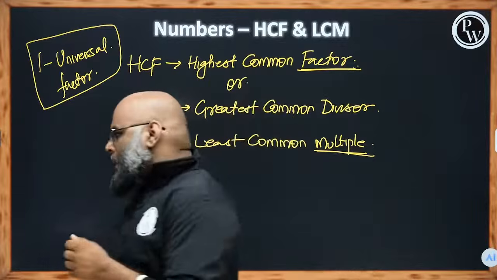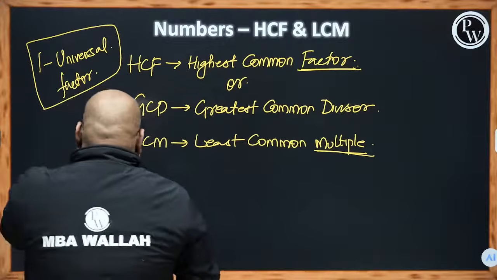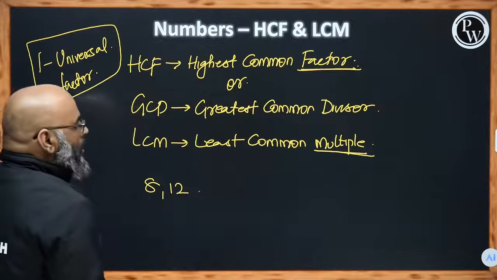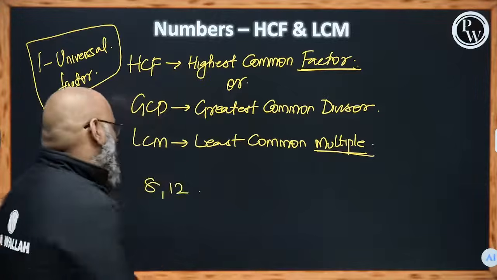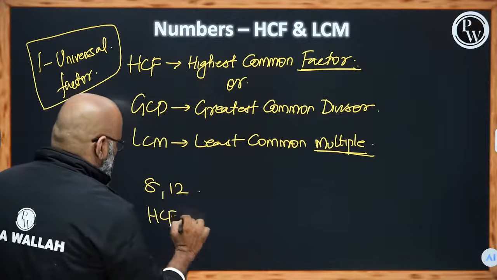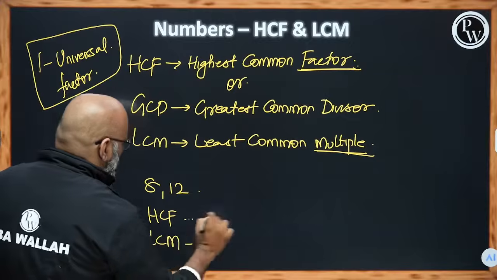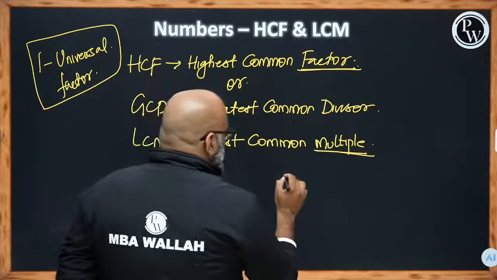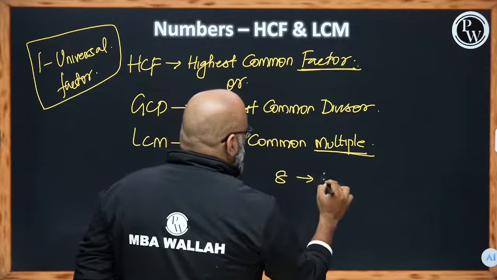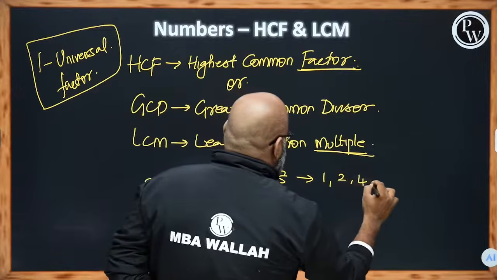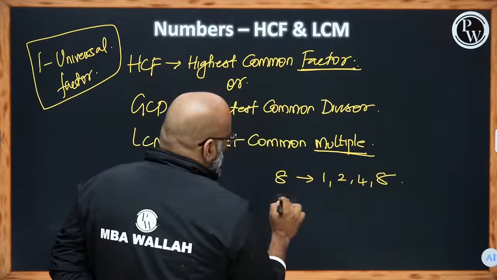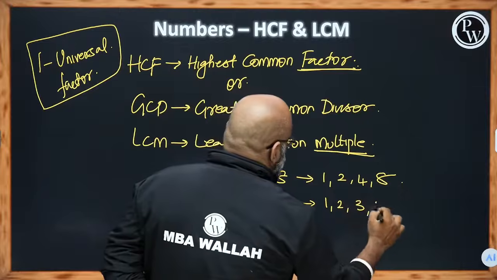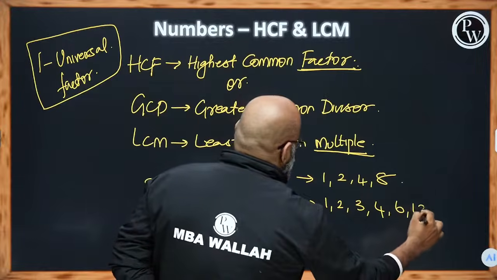To take an example, let's say I want to find the HCF and LCM of 8 and 12. So how do we do it? The factors of 8 are 1, 2, 4, 8. The factors of 12 are 1, 2, 3, 4, 6, 12.